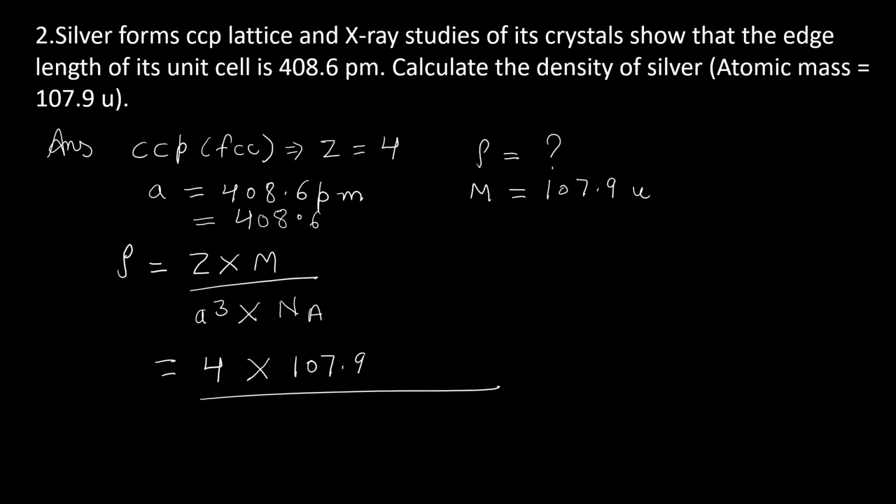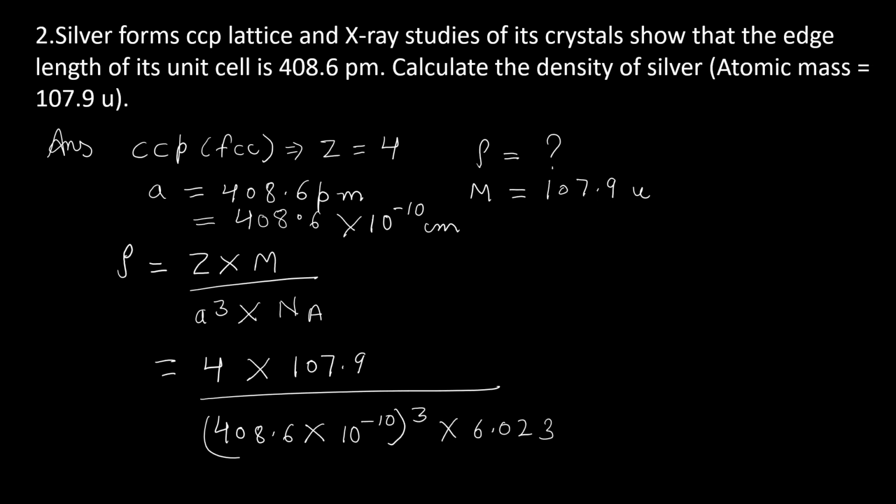1 picometer is equal to 10 raised to power minus 12 meter, and 1 meter is equal to 100 centimeter. Therefore in centimeter it comes out to be 10 raised to power minus 10. So substitute the value: 408.6 into 10 raised to power minus 10 whole cube into 6.023 into 10 raised to power 23.